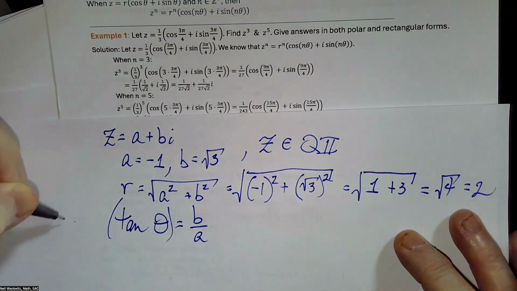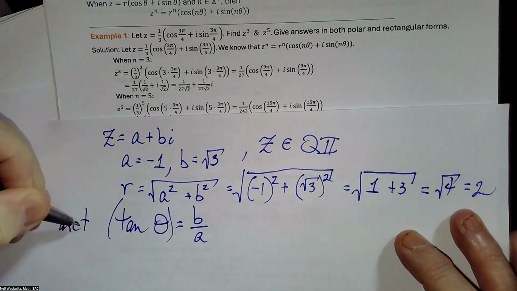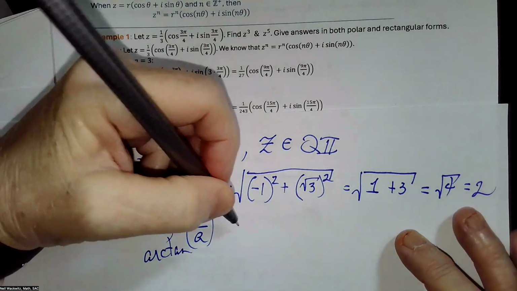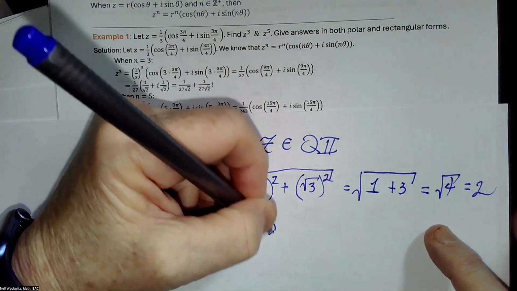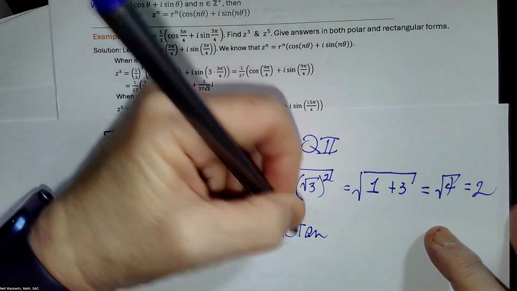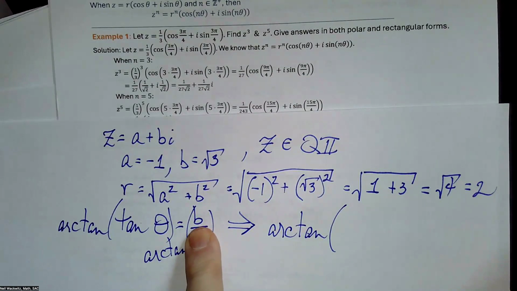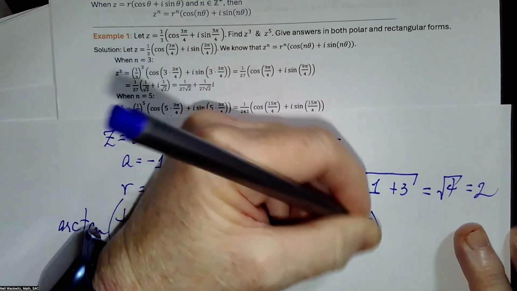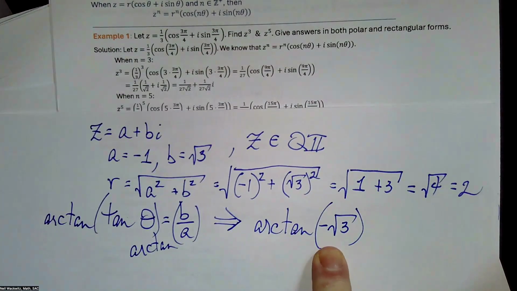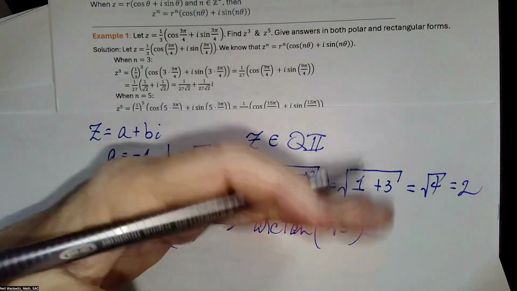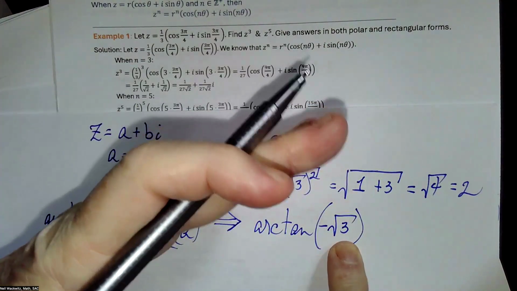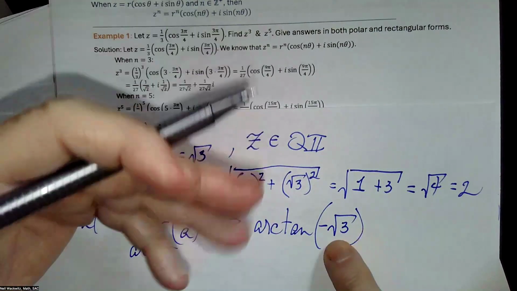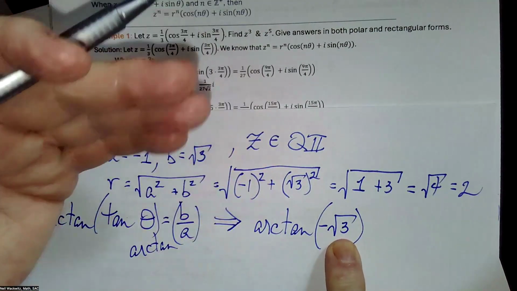So I want to go ahead and take the arctan of both sides, so that we have arctan. Let's see, b is square root of 3. a is -1, so just negative square root of 3. Well, what angle has tangent with a square root of 3? Because remember, tangent is sine over cosine. So that square root of 3 is in the numerator.